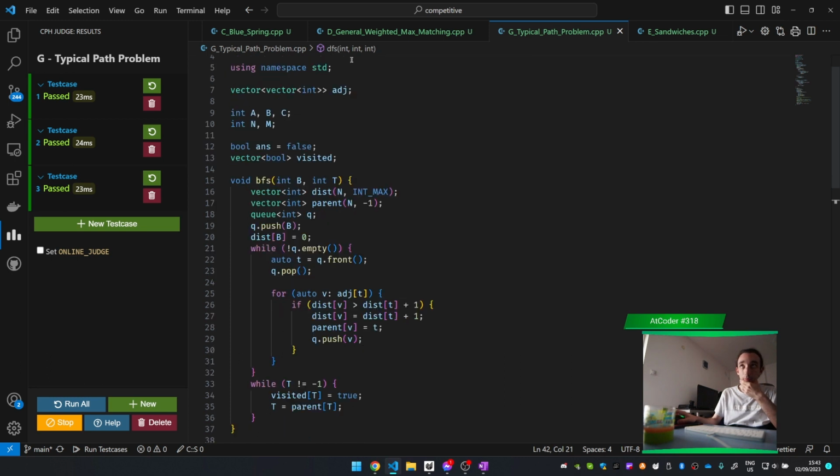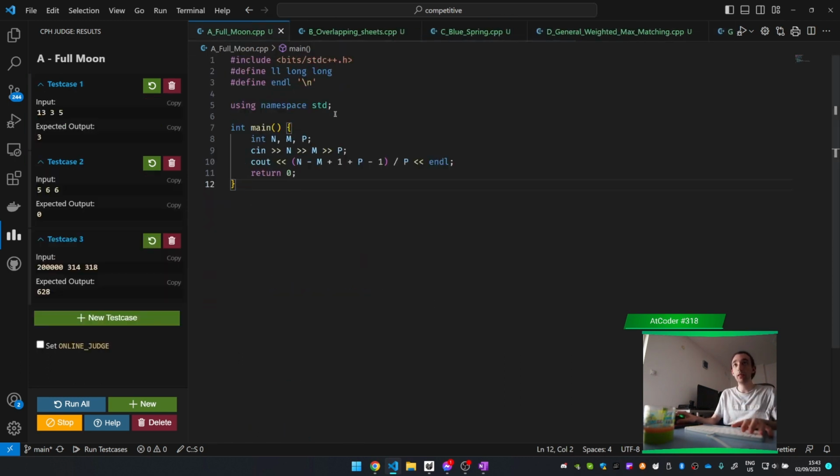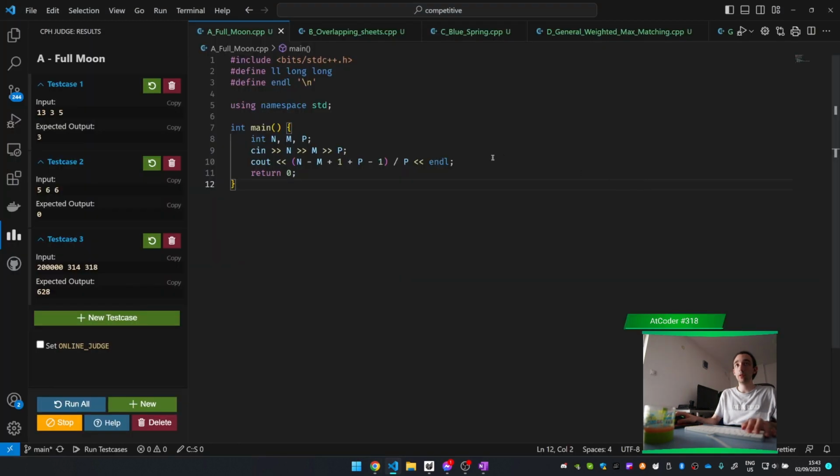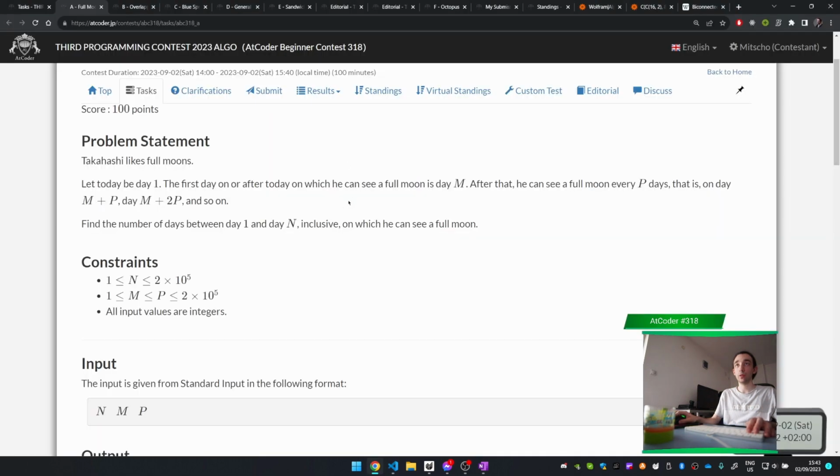So okay, problem A, we were just wanting to count how many times we see the full moon, and the equation for this is n minus m plus p, because we want to decrease first by m because it's some kind of an offset.